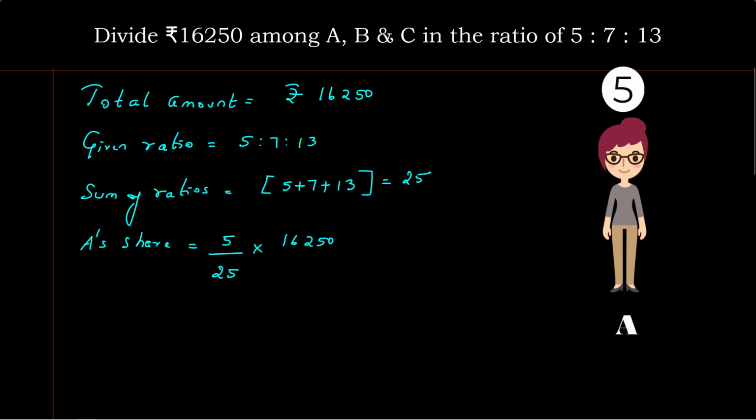So what am I going to do now? 16,250 is directly divisible by 25. You can either reduce it to lowest term and then divide, meaning you can cancel 5 and 25 and then divide 16,250 with the number that you get here, or we can directly divide 16,250 with 25.